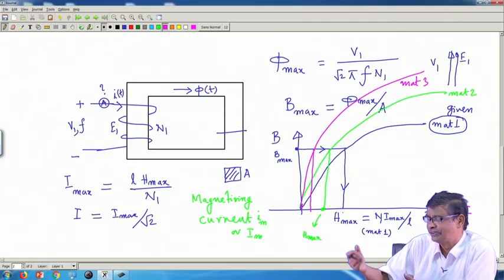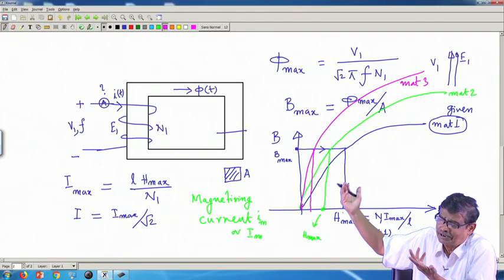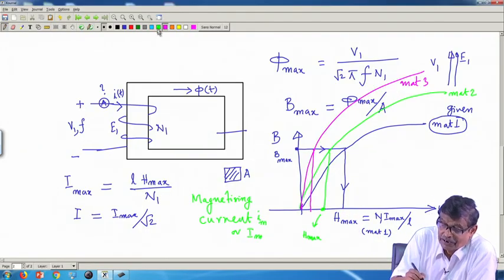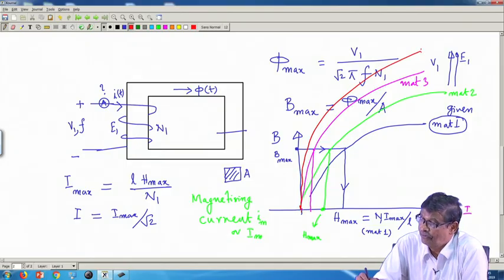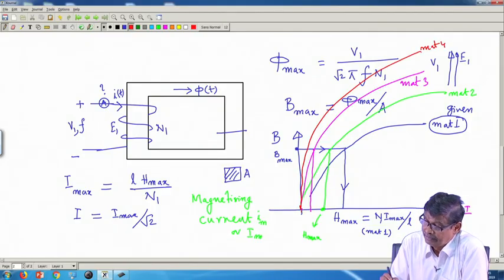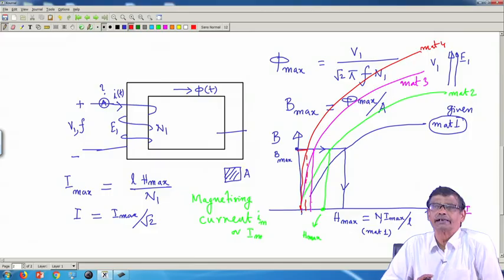Suppose there is no restriction, plenty of better materials are available. Suppose some material is like this, very stiff, material 4. Then the current needed will be only this much. Further you can reduce the magnetizing current.